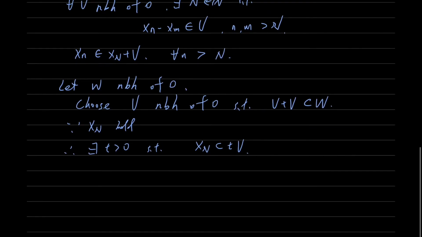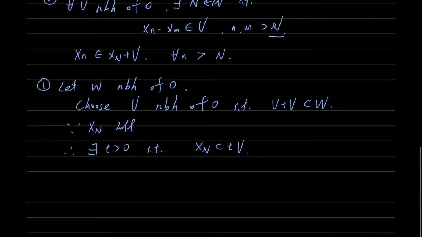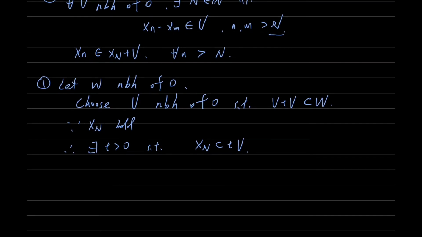This V will be chosen as the same one. So we will do this first, then we'll choose this V here. So for this V, we'll choose this integer N here. So we actually do this in the reverse order.